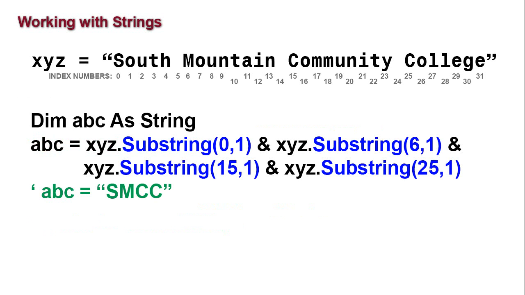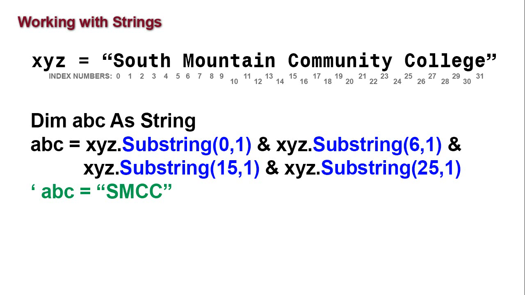Sometimes you may want to use substring in a concatenation. So here's a VB example where we've got ABC as a string data type. And it's going to equal xyz.substring 0, 1. That's going to be character 0. We're going to get 1 character. That's the uppercase S. I'm going to concatenate to that xyz.substring 6, 1.